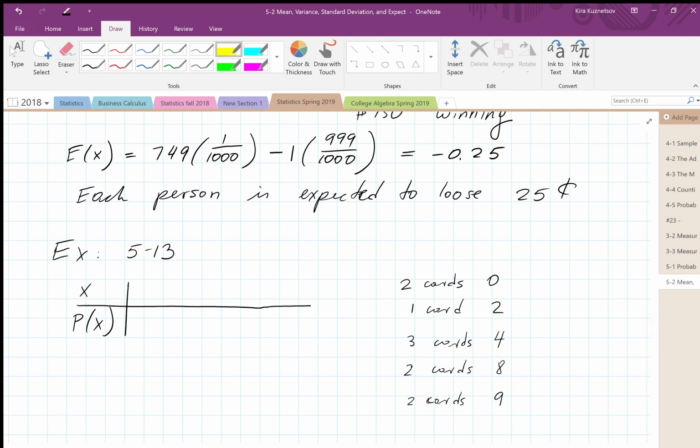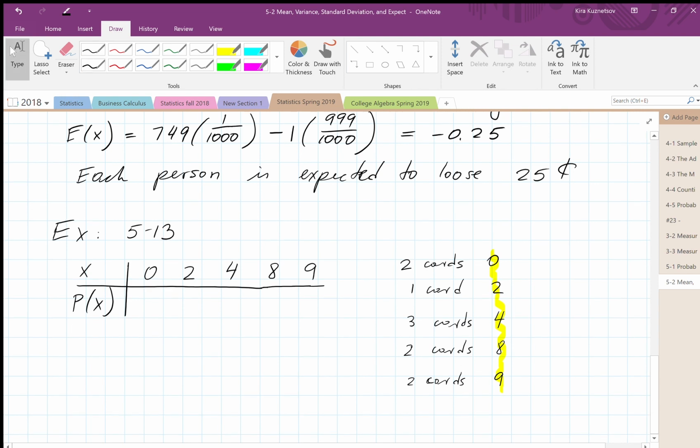So these are my numbers. These are my X's. I can either get a 0, a 2, a 4, an 8, or a 9. Now altogether, I have 2 plus 1, 3, 3 plus 3, 6, and then 4 more, 10 cards.